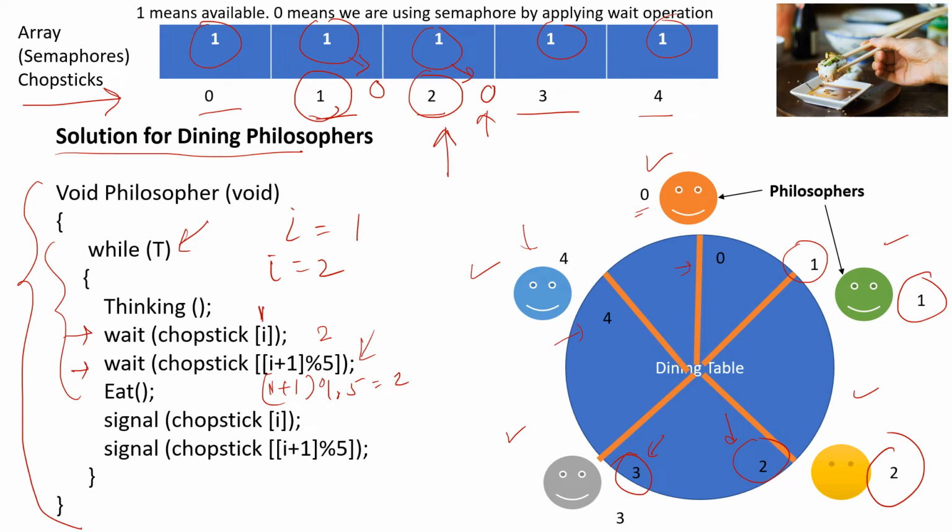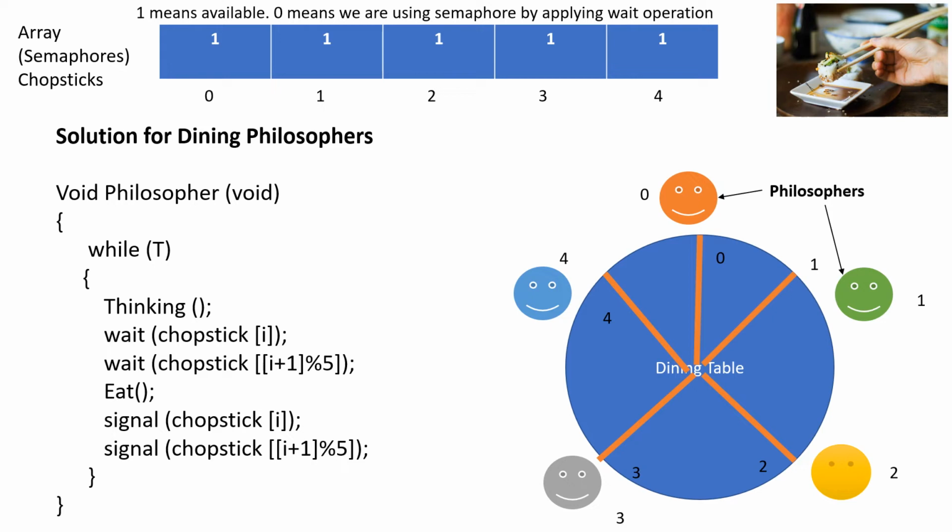For I equal to 4, it will be (4 plus 1) mod 5. So 5 mod 5 is 0, which is how we get chopstick number 0. That's why we are using mod 5.